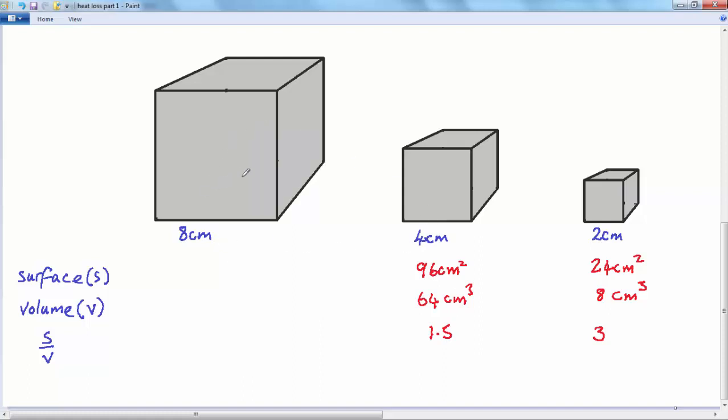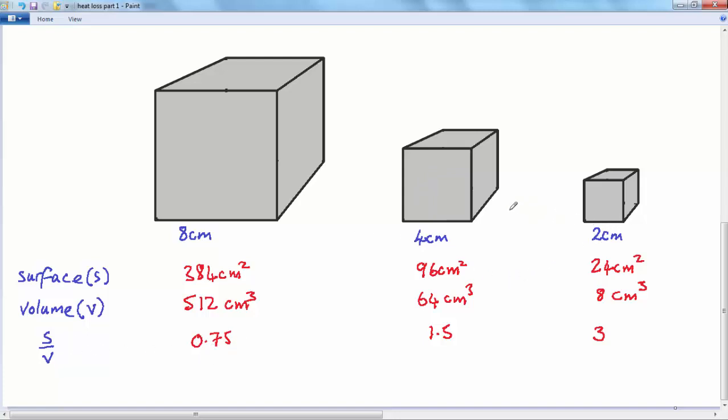If we double the size of the cube again, then the surface of each face is 8 by 8, which is 64, multiplied by 6, which is 384 centimeters squared, and its volume is 8 by 8 by 8, which is 512 cubic centimeters. That gives us an S over V ratio of 0.75. So each time we double the size of the cube, we halve this S over V ratio.